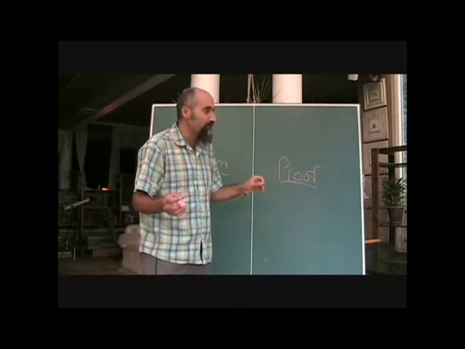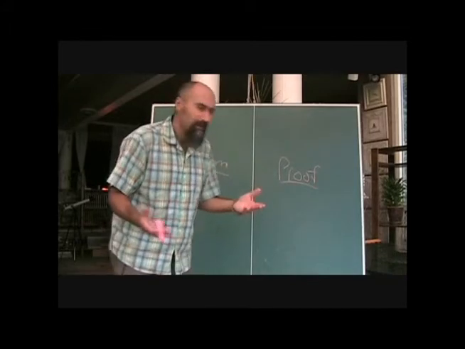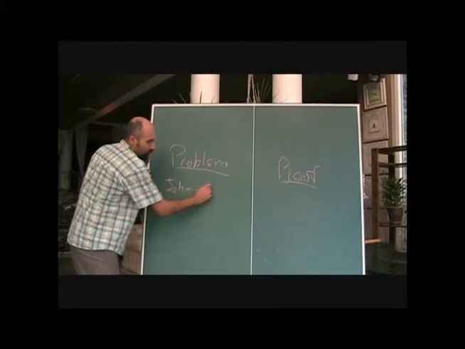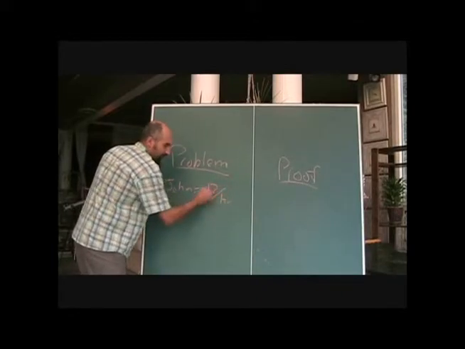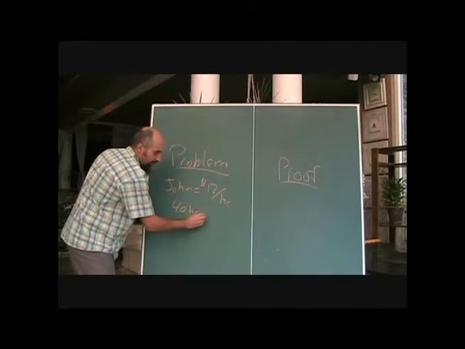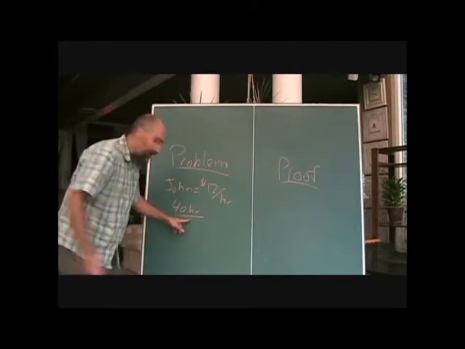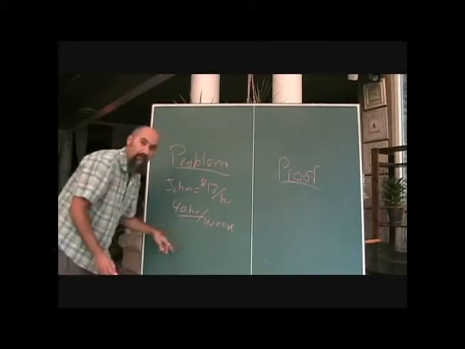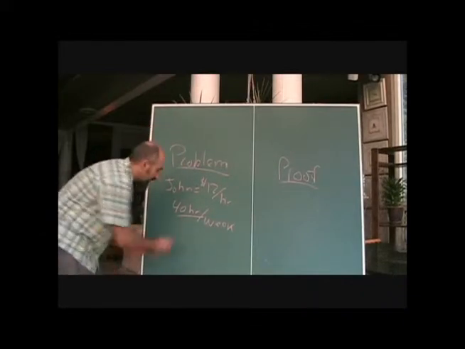For example, a question would be like, John gets $12 an hour, and he works 40 hours per week. How much would he get paid for a 5-week period?